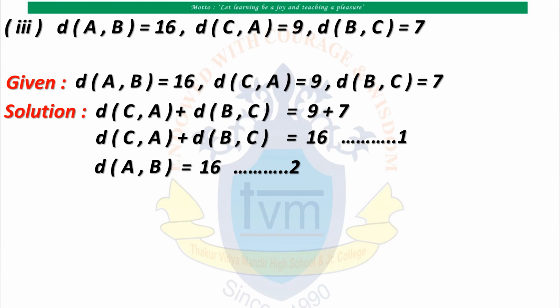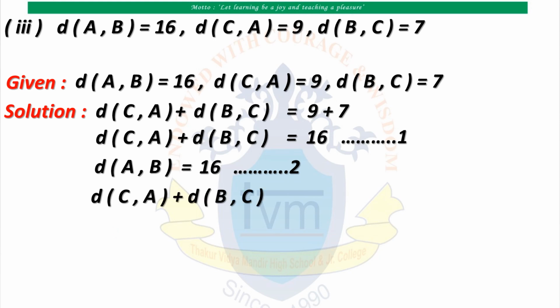Now here we'll compare equation 1 and 2. You can see the right hand side of equation number 1 is 16 and the right hand side of equation number 2 is also 16. It means the right hand sides of both equations are equal. Therefore, the left hand side of equation 1 will be equal to the left hand side of equation number 2.